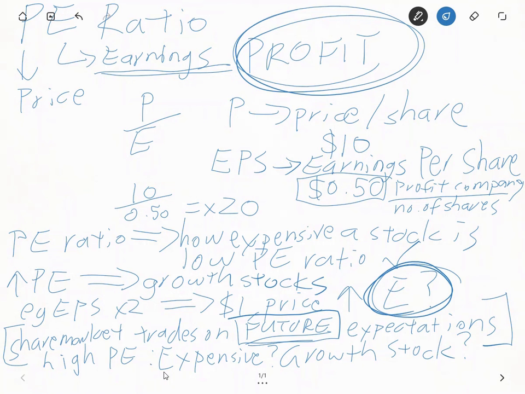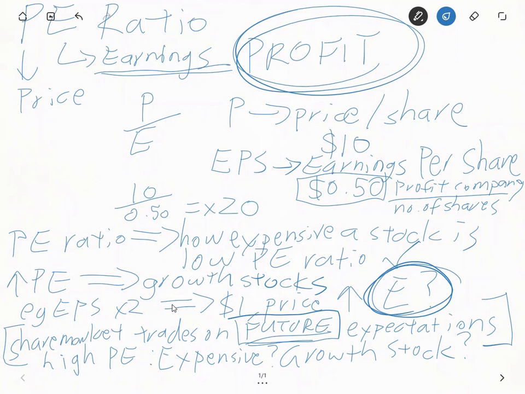It's growing its earnings. It's going to be more and more profitable in the future. Therefore, it trades at a higher PE ratio. Now, quite often the market actually overheats. So sometimes people are a little bit too optimistic, but it still gives you some indication about what sort of company it actually is.